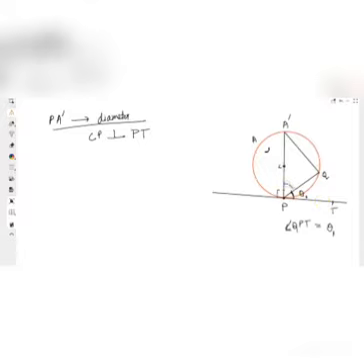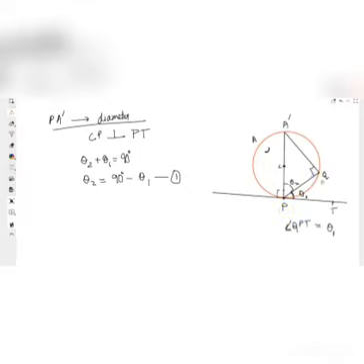What is this angle, guys? Let me say this angle is theta 2, and I know that theta 2 plus theta 1 is equal to 90 degrees because this is perpendicular. So from here I can say theta 2 is 90 minus theta 1.